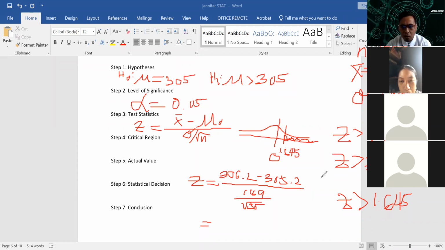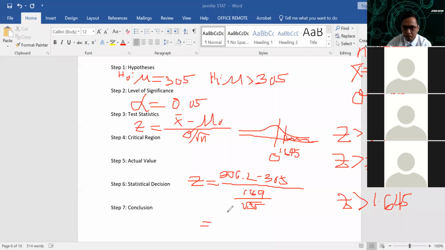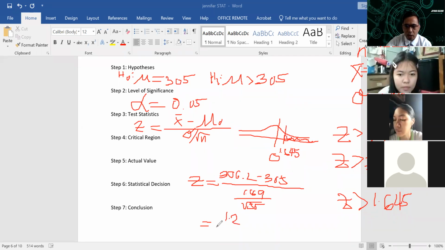Ay, 305 only, no? Kay claim naman din eh. Wait. 305 ra ni. Walay 2, sir. So, clear. That is just 1.2, right? Yes, sir. 1.2. Then 1.89.